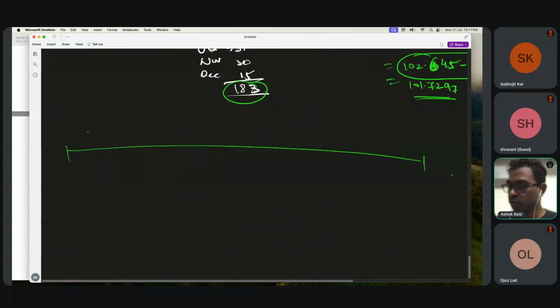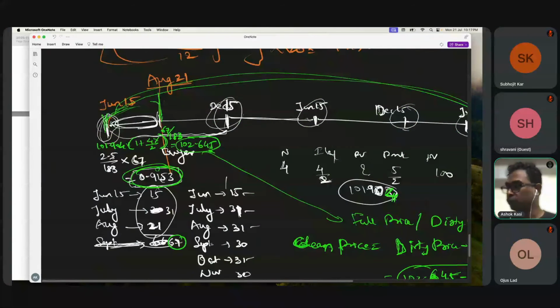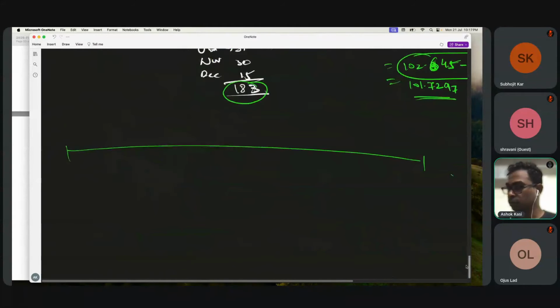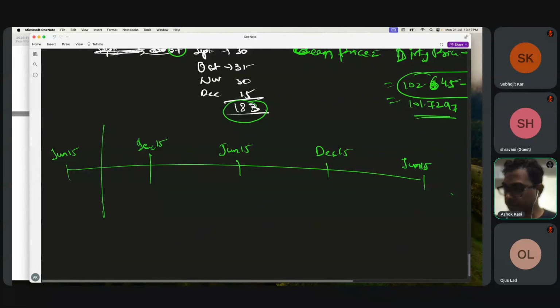So this is June 15, December 15, June 15, December 15, June 15. And we are standing here.